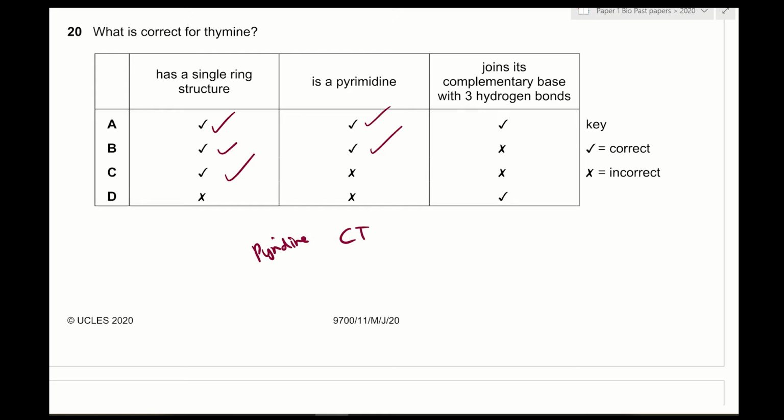B: joins its complementary base with 3 hydrogen bonds. As we all know, what joins with 3 hydrogen bonds is cytosine with guanine, and thymine joins with adenine with 2 hydrogen bonds. Therefore this is incorrect, and the answer is going to be B.